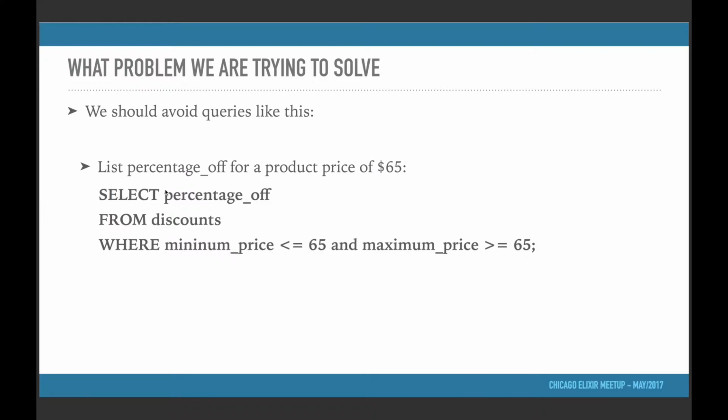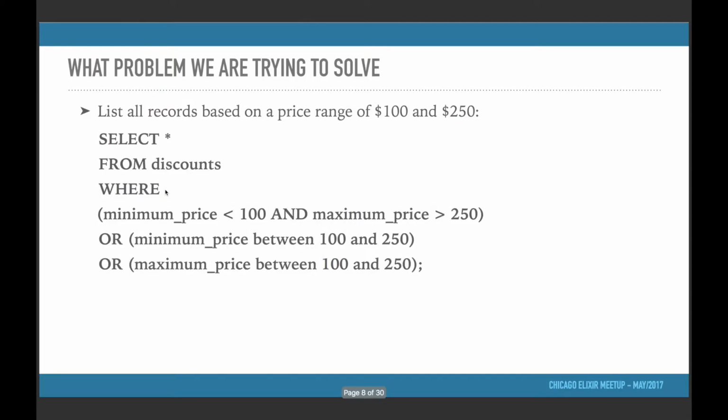Let's say that I have a product price of 65. I can see if I have a discount with minimum price and maximum price in between, and I have the 65 in between. That's quite simple, but let's say that I'm querying a range over a range. That becomes more complicated because I need many conditions and all of them can match.